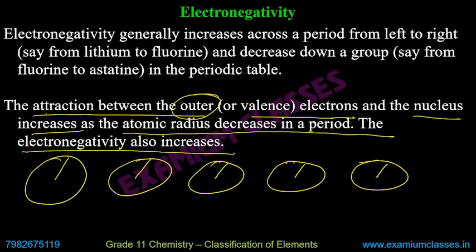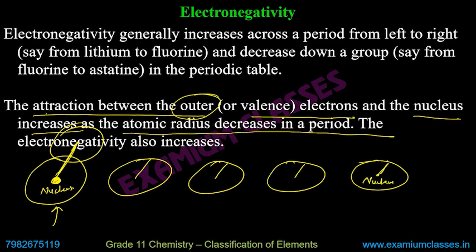When the shared electrons are there, in this case, the shared electrons are farthest away. The bond length will be this much, which means the electrons will be away from this nucleus. Radius is large here, but radius is small in this case.